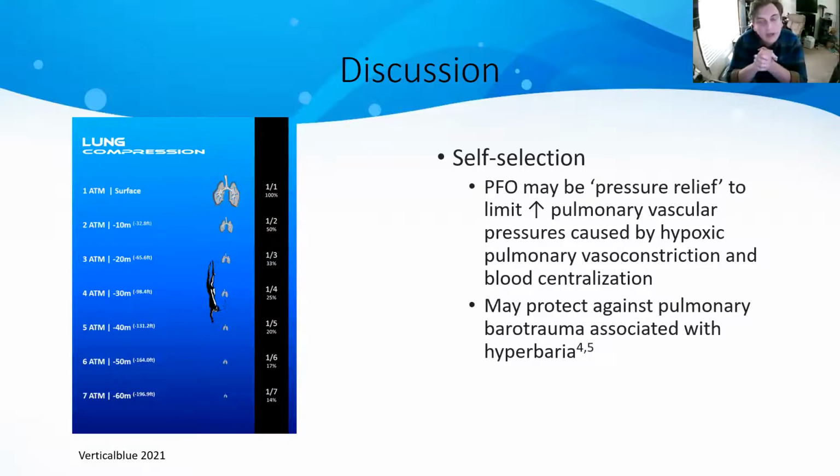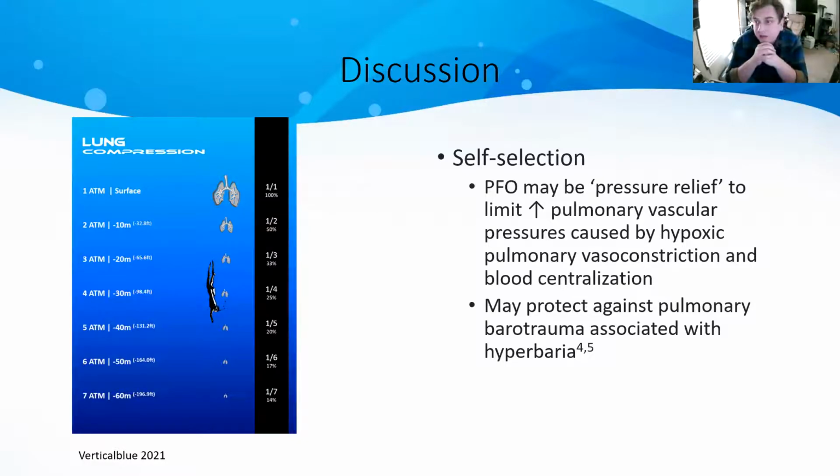There also may be a self-selection influence with a high incidence of PFO in apneic divers. As I just mentioned, there is an increase in pulmonary pressure with the thoracic movement of blood from the periphery to the central compartment.